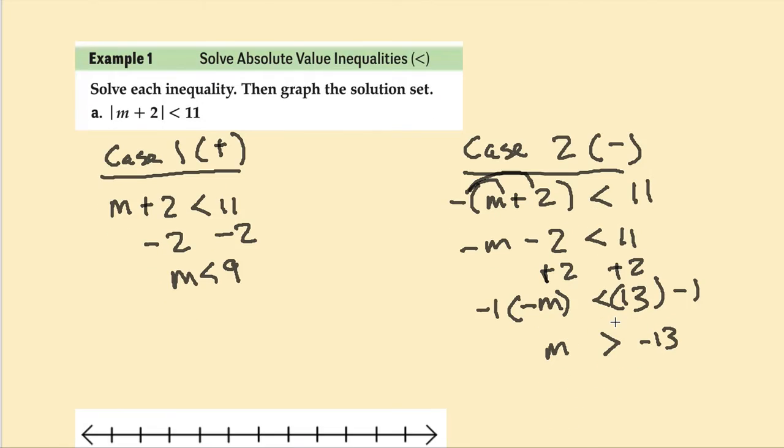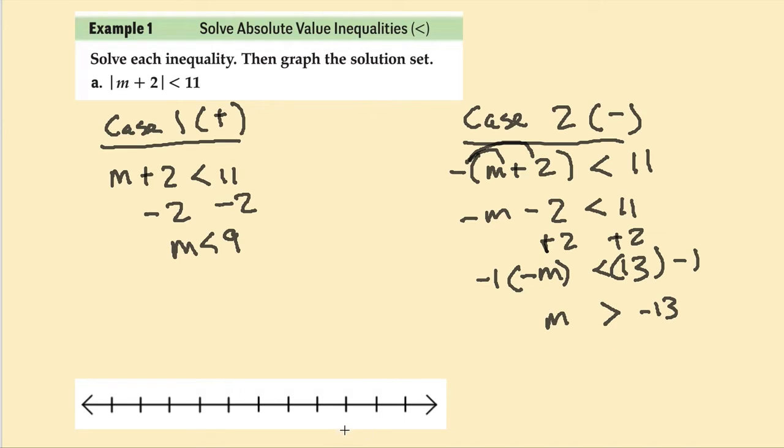And so for graphing this, we'll make this 0 and go up by 2's and down by 2's as well. And so when we write the solution set, this is where it closely resembles compound inequalities, because with absolute value solutions, when you graph them, sometimes you'll get an intersection and sometimes you'll get a union.